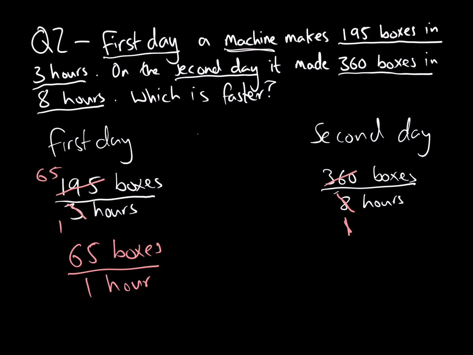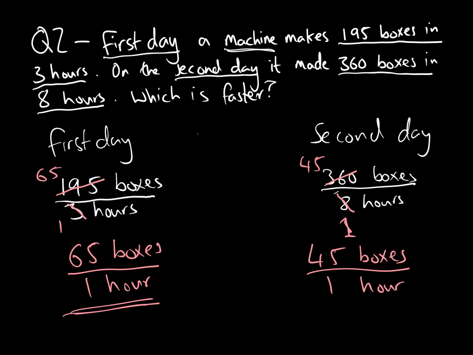So 8 goes into 360 45 times. So this is 45 boxes in 1 hour. When you compare these two, you can see that 65 boxes in 1 hour is more than 45 boxes in 1 hour. So the first day is faster, which is answer A.